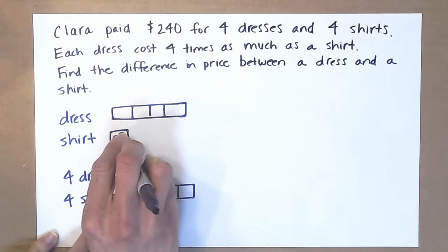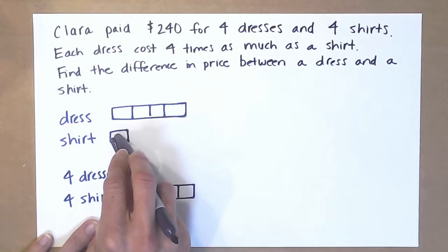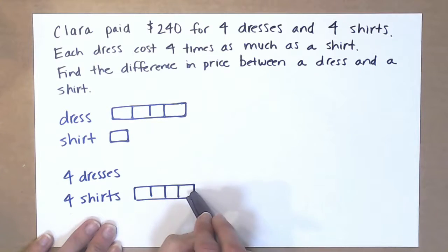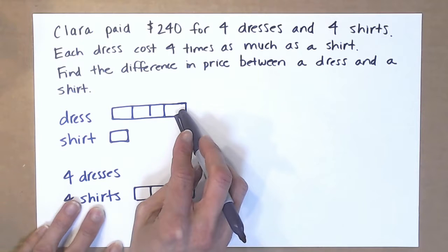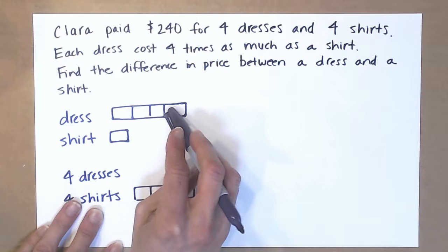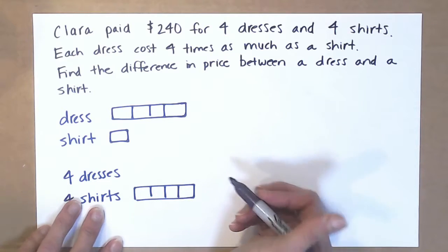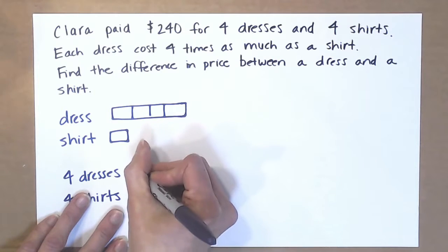Okay, so the cost of one shirt is represented by one part, then 4 shirts would be 4. So now the dress, we want to represent the cost of 4 dresses. So the cost of one dress is represented by these 4 parts. Then we would need 4 times 4, or 16.